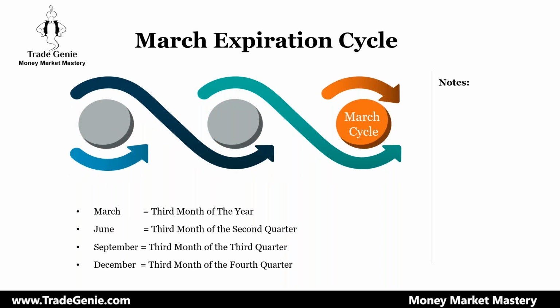Now, same way, the March cycle. March is the third month of the year, June is the third month of the second quarter, September is the third month of the third quarter, and December is the third month of the fourth quarter. So similarly, let's say Home Depot.